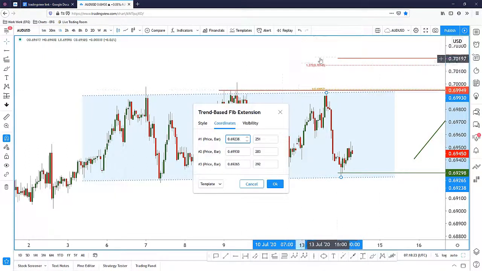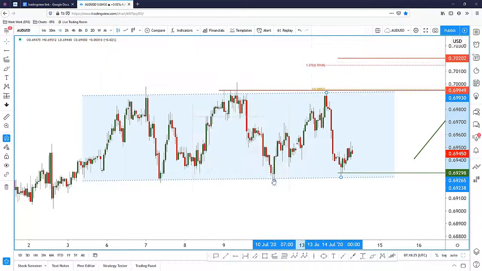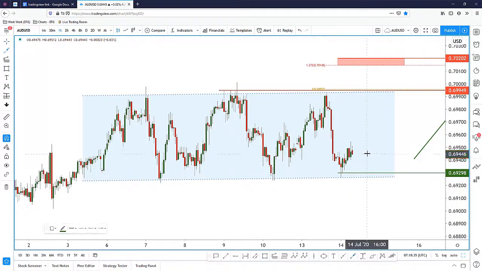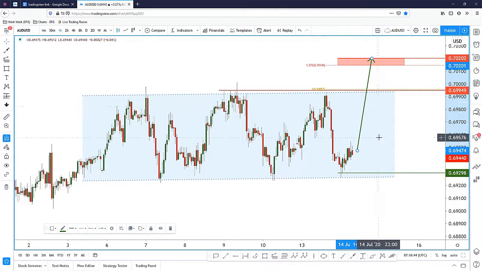It's very clear cut, and even the daily resistance that we saw, the last swing high, is quite close to the 127.2. So we can use this as a resistance zone. I'm expecting price to make a push up towards this level intraday, and possibly even towards here on the daily.